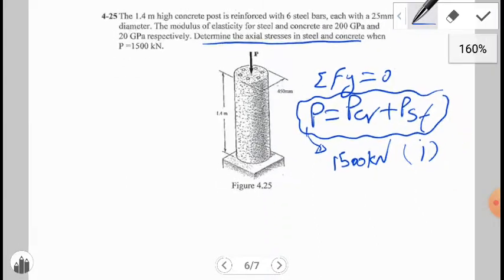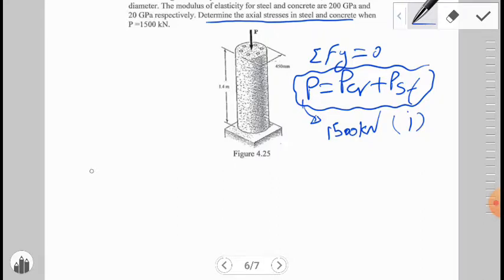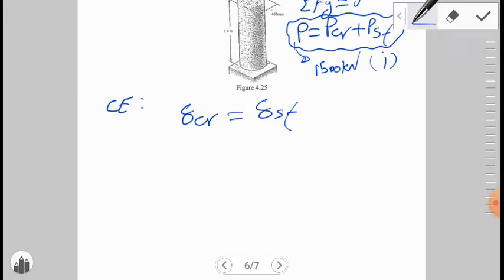And equation number 2, based on the compatibility equation or concept, because steel and concrete are acting as one member. That's why the deformation in the steel is equal to the deformation of the concrete. That's why we can say delta concrete is equal to delta steel. You know that deformation of a linear elastic member under axial load is delta equals PL over AE.